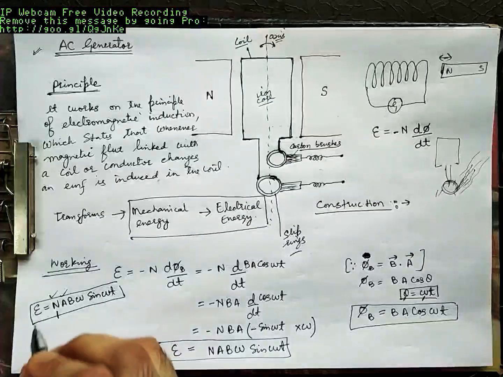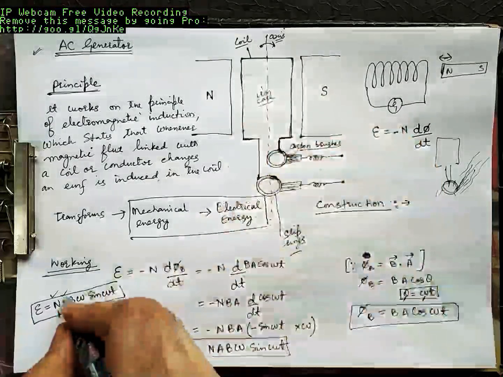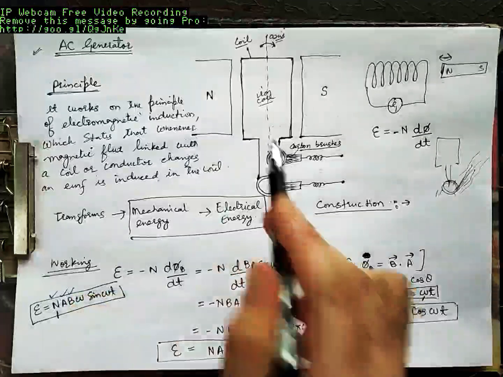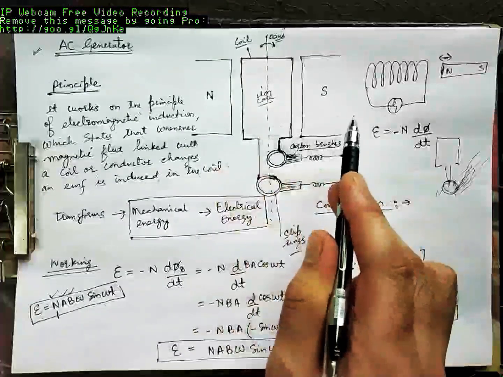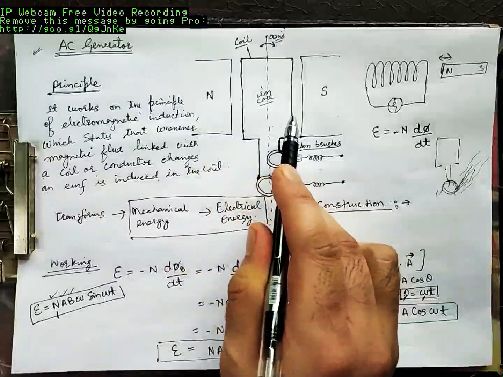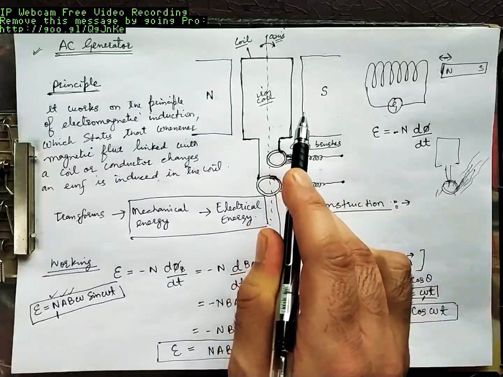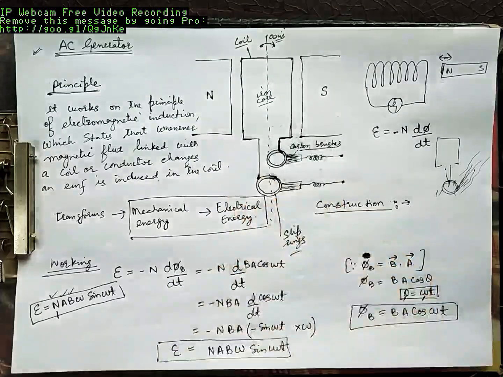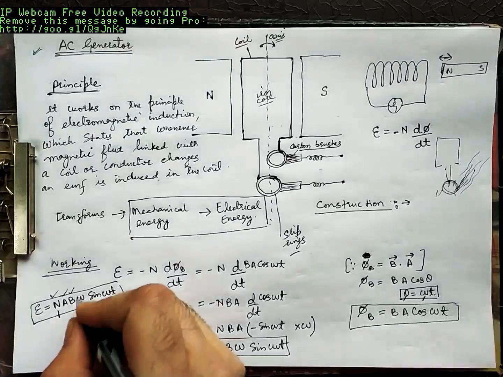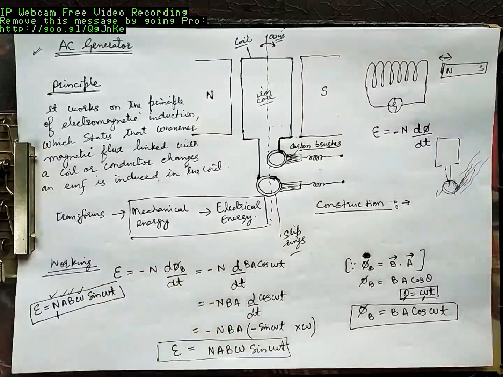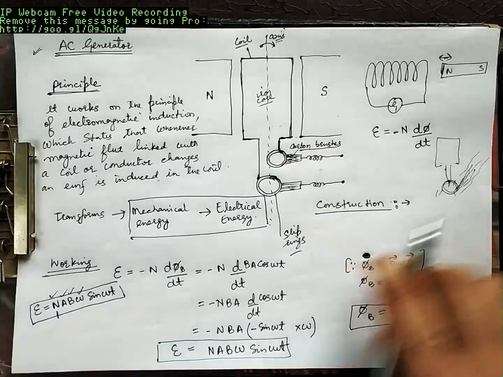This EMF is directly proportional to the magnetic flux density B. The stronger the magnetic flux density B, the more will be the flux passing through this, and the more will be the EMF induced. This is also proportional to omega, where omega is the speed of rotation. This could also be understood.